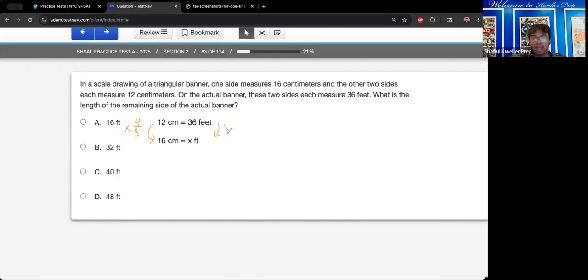So 36 times 4 over 3 is going to be equal to that. 36 divided by 3 is 12. 12 times 4 is 48. So the scale should just be 48. So your answer here will be D.